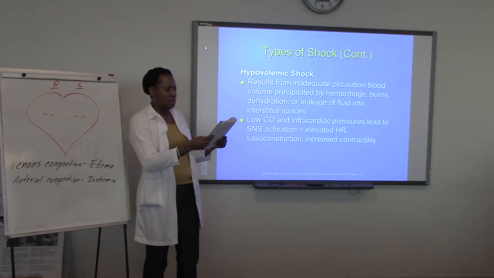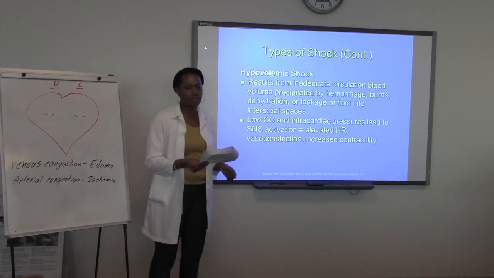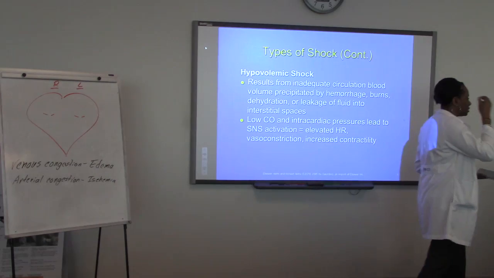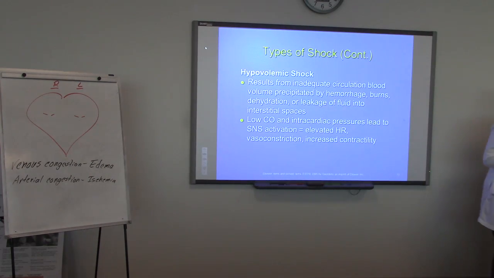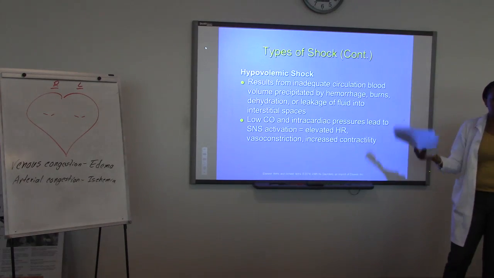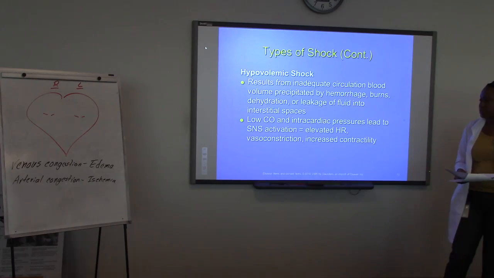And the last thing, severe vomiting and diarrhea. Okay, so say for example someone has some kind of condition like a C. diff or something like that. Having a really bad infection, vomiting, diarrhea, excessive, can lead to this.